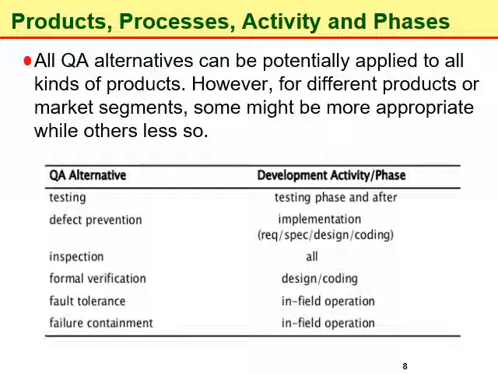Similarly, defect prevention activities, as can be seen in this figure, are performed at different stages of development, for example, requirements, design, etc. Likewise, inspection can be carried out during all the development activities and so on.